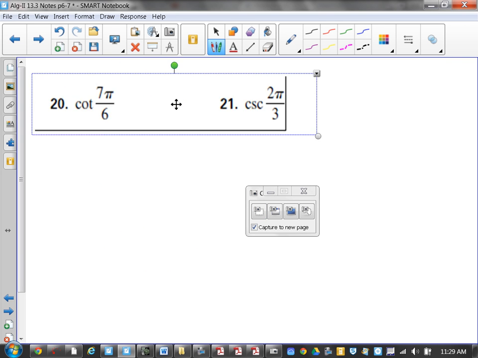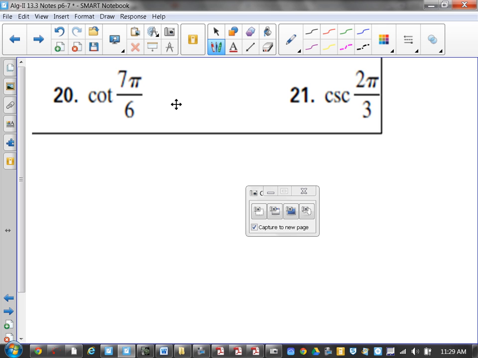Cotangent. Hey, it's convenient. I have a cotangent example next. All right, so I'm going to find the cotangent of 7 pi over 6, which means I have to figure out what quadrant I'm in to start with. You don't even need to look at your unit circle.